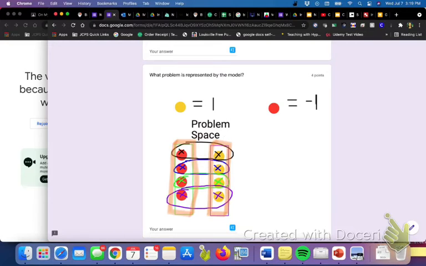So you've got two different sets of chips placed into the problem space. The first set has 1, 2, 3, 4 red ones, which we know is -4. Over here we have 4 positive chips that were placed in there, so we know that's a +4.